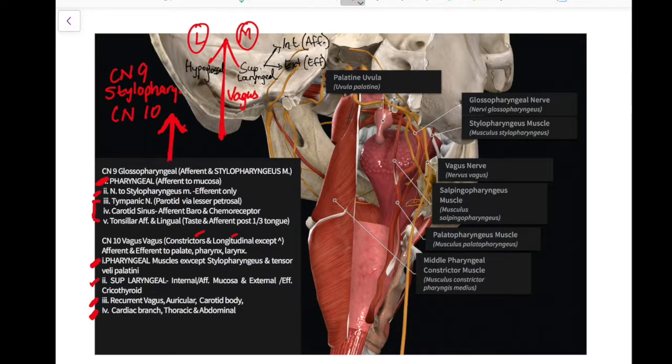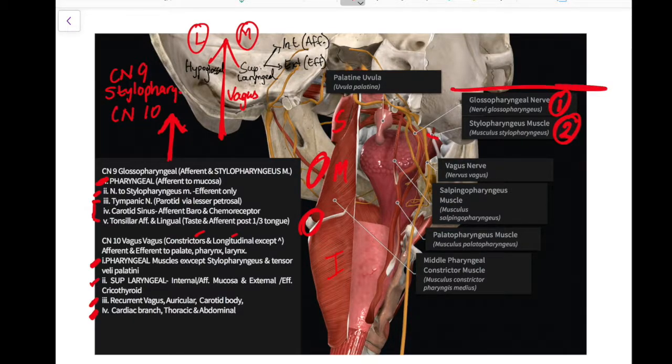So here, once again, we can see the superior constrictor, the middle constrictor that originates from the hyoid bone, and the inferior constrictor. In between those, we find the stylopharyngeus artery along with the nerve. On this side, you can see the glossopharyngeal nerve and stylopharyngeus. They're both together.